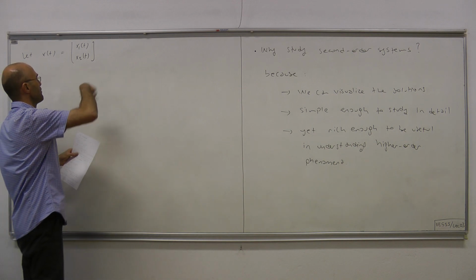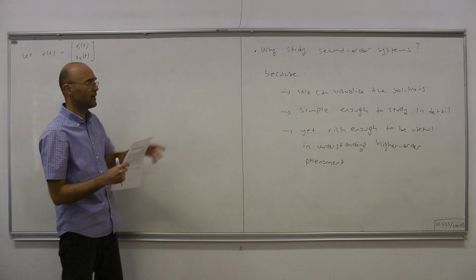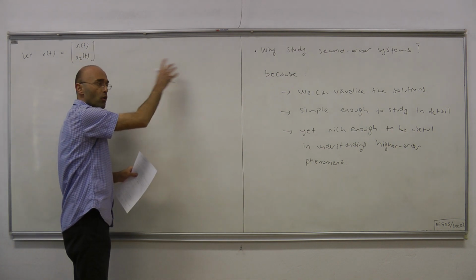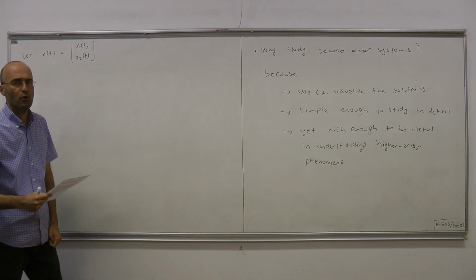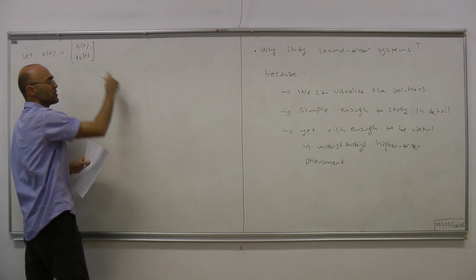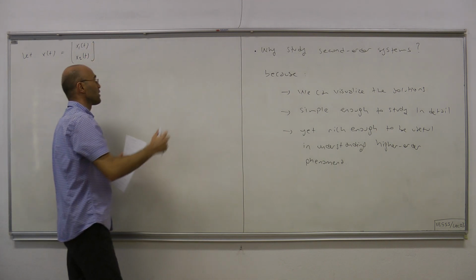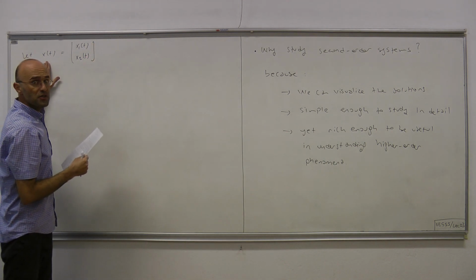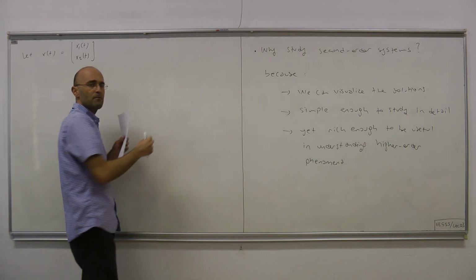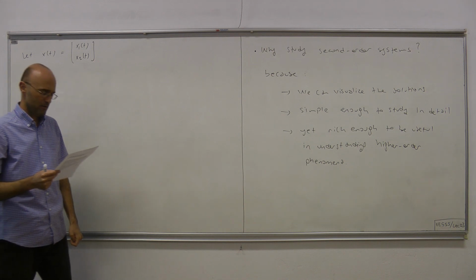If we describe this vector as a point on the coordinate system that we draw on the board, then as time goes on, these two coordinates change. Therefore, the point that represents the state at a given time will be moving along on the plane.